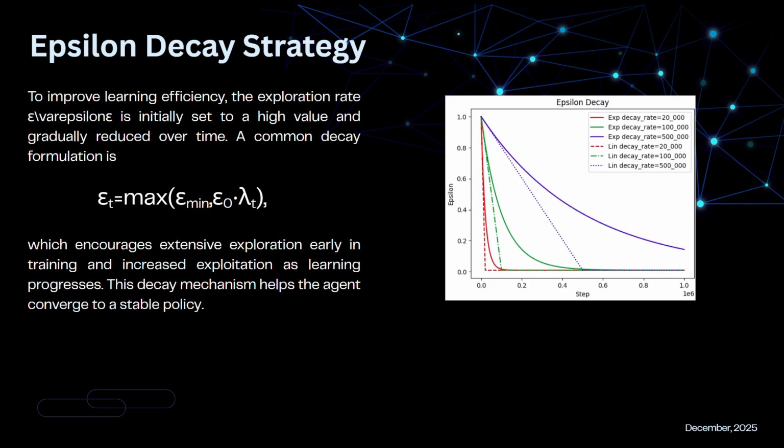To improve learning efficiency, the exploration rate epsilon is initially set to a high value and gradually reduced over time.